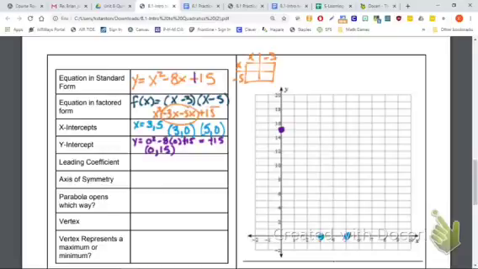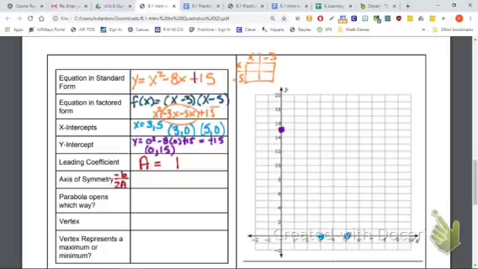Now let's go back to my equation. For my leading coefficient, again, we're looking at that a term, the number that's with that squared term, and my a term is 1. What is my axis of symmetry? For that, again, I told you guys, negative b over 2 times a.